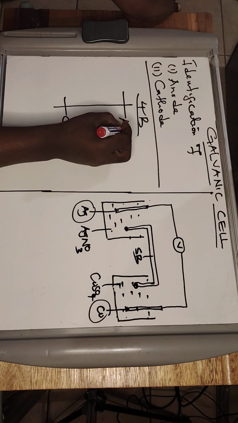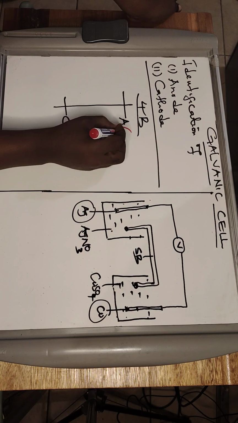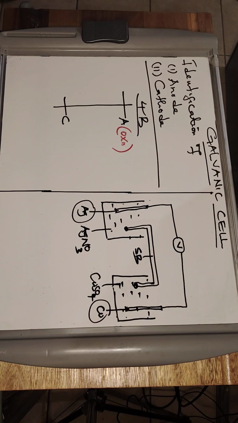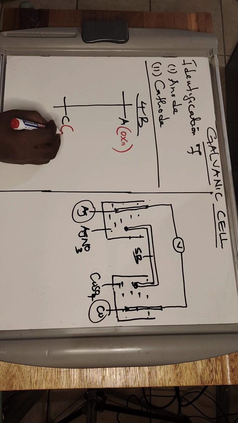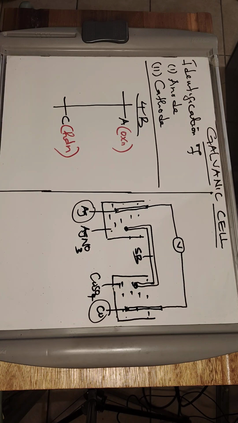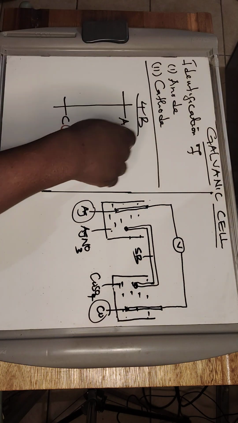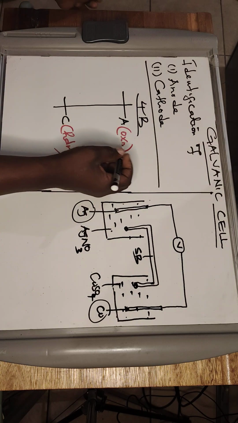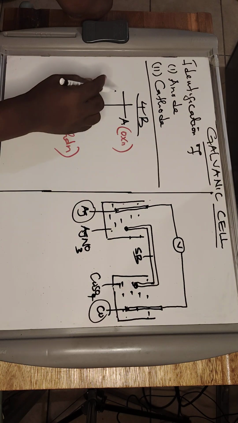The reaction which takes place at the anode is oxidation. That one we know. And we know that the reaction which takes place at the cathode is reduction. How do you tell that it's oxidation at the anode?